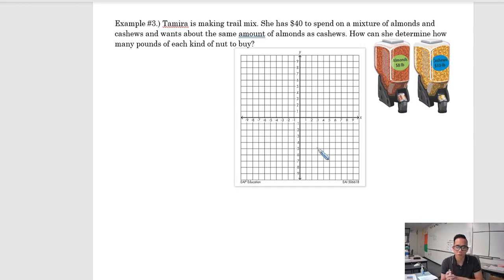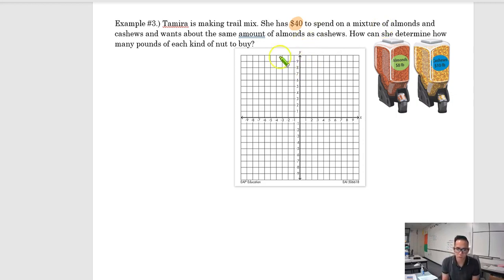I'm going to highlight, we have $40. This is the total amount Tamira should spend. So she wants to spend $40 on a mixture. They're going to mix almond and cashew.